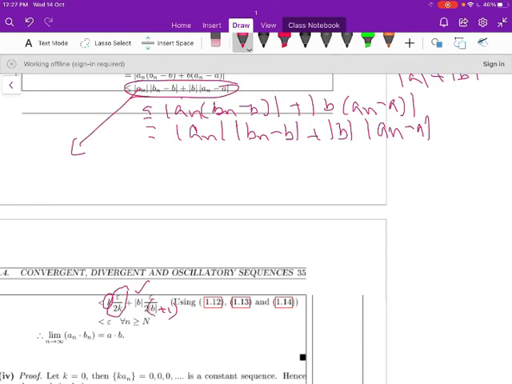If b is 0 we cannot define this, so we take modulus of b plus 1. So this whole term is always less than epsilon for all n greater than or equal to n. Therefore, with the help of the convergence of a sequence, the limit as n tends to infinity of the product of the two sequences an and bn is equal to the product of their limit points a and b. So let us stop now.